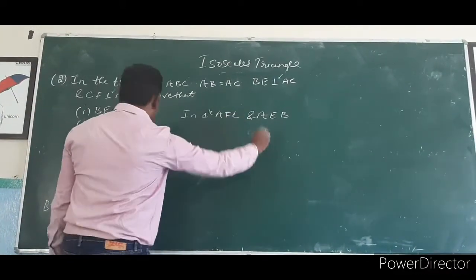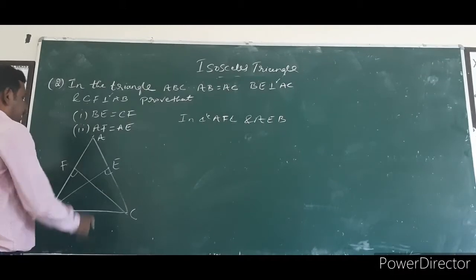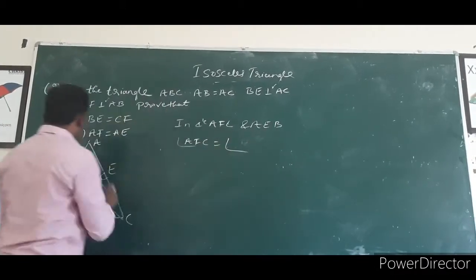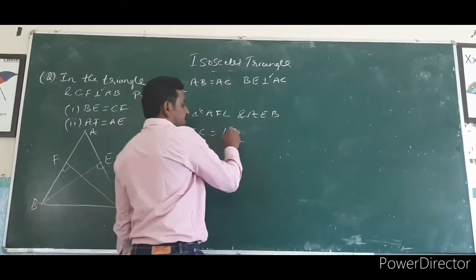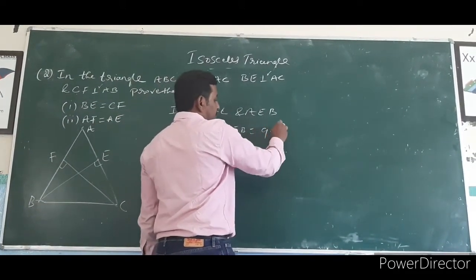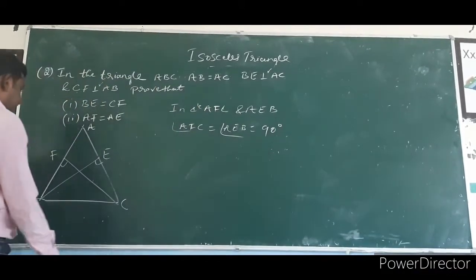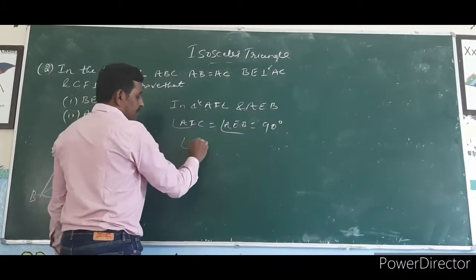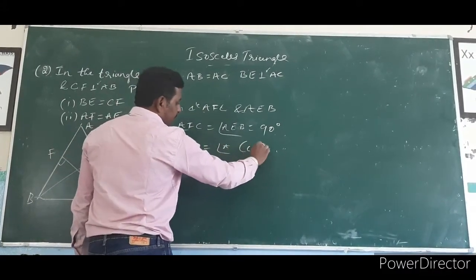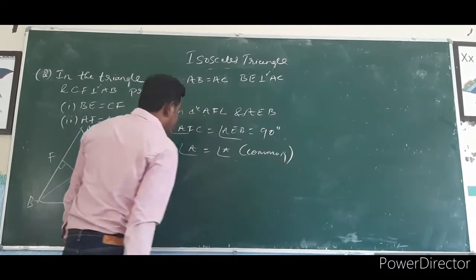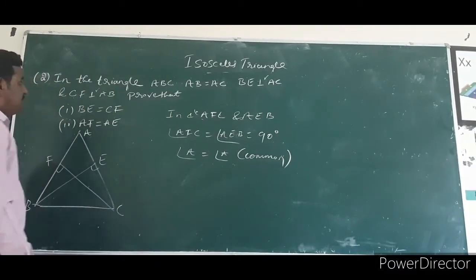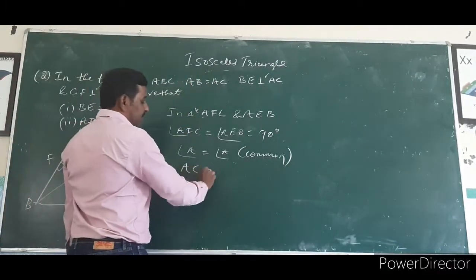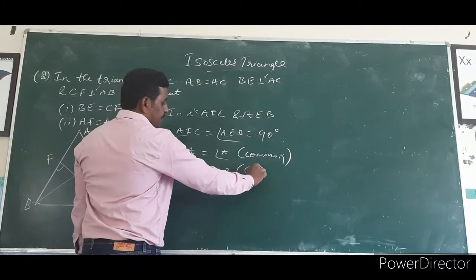For proving these two triangles are congruent: angle AFC is equal to angle AEB, both are 90 degrees because of the perpendiculars. Next, for these two triangles, angle A is common. Then AB is equal to AC, that is given.